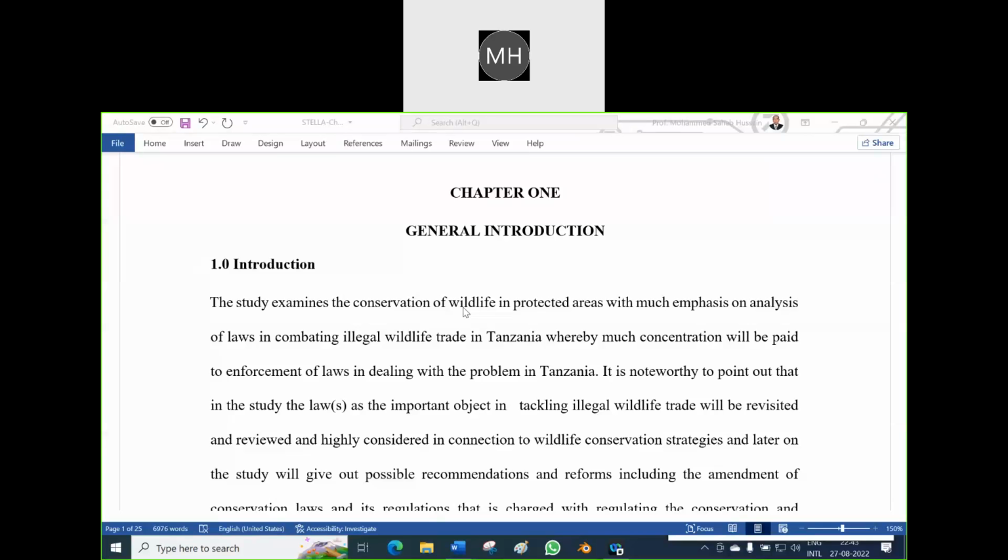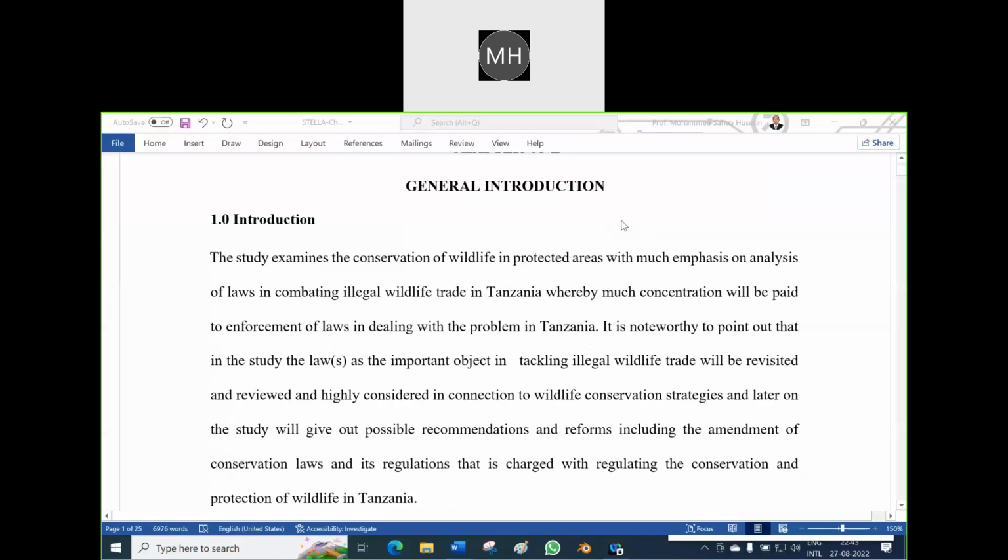But prepositions, articles and conjunctions should always be in small letters, not capitals. Is it clear? Say yes.